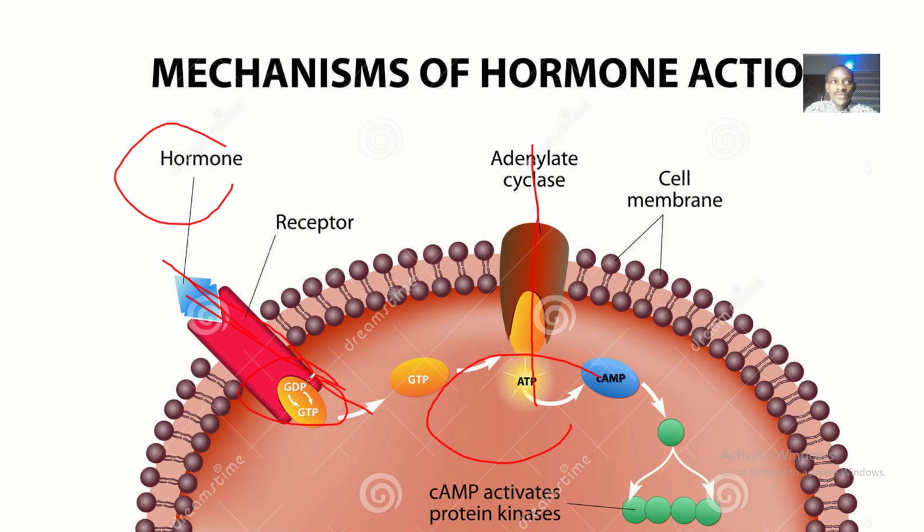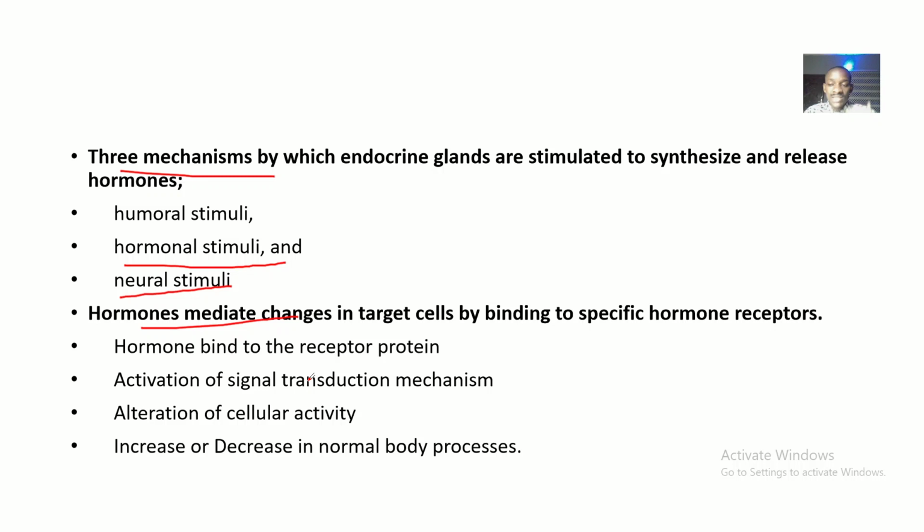If you don't have the right key, you can't open the lock. So the receptors help to checkmate how hormones get into the cell. Hormones mediate changes in target cells by binding to specific receptors. The hormone binds to the receptor protein, followed by activation of a signal transduction mechanism.